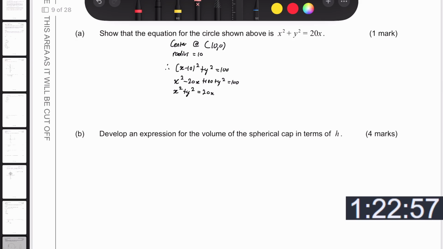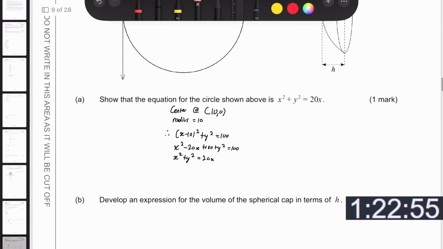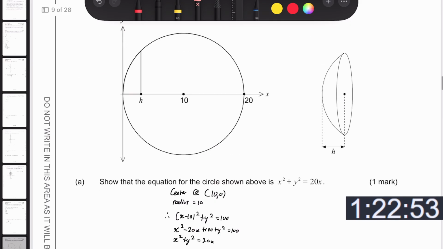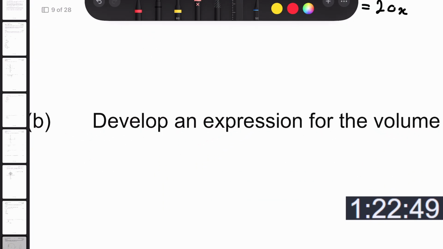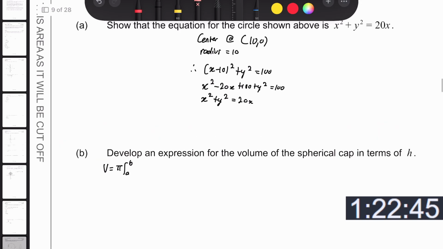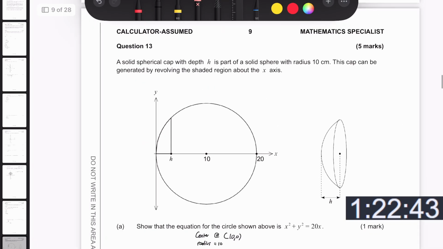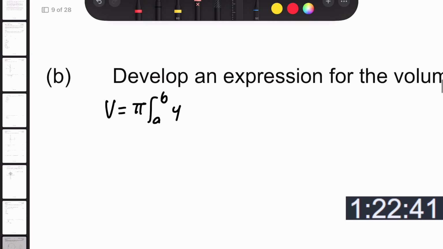Derive an expression for the volume of the spherical cap in terms of h. So your volume is going to be equal to pi times the integral of y squared dx. In this case, since we're revolving around the x-axis, we want y squared dx. Just make sure I get this right, about the x-axis, y squared. Yep.